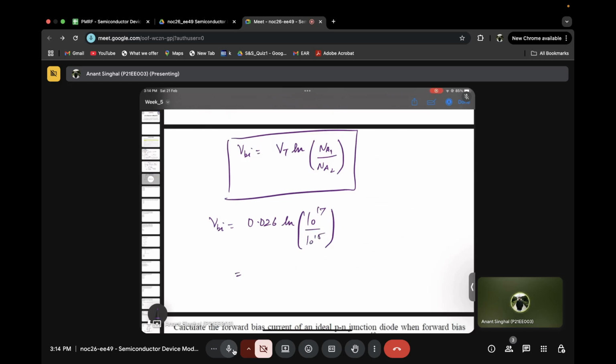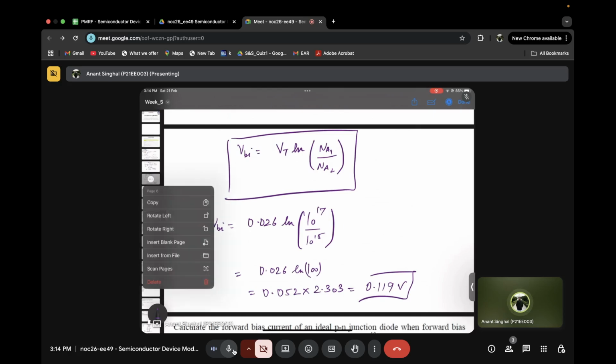So this will come out to be 0.026 ln 100, which is 2 times 2.303 times 0.026. So I'm getting 0.119 volts.